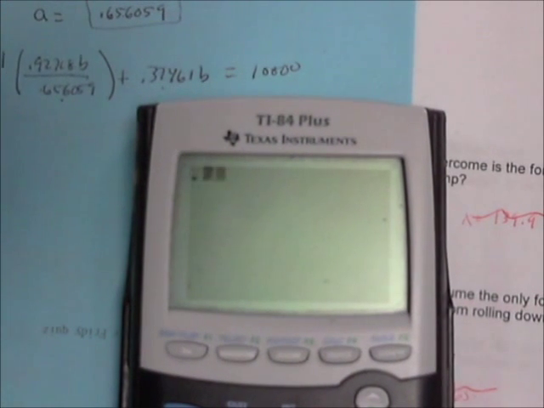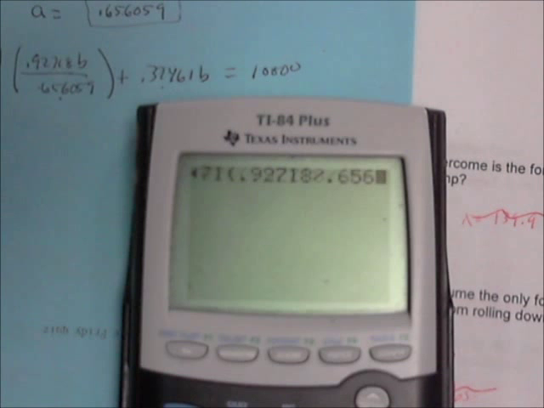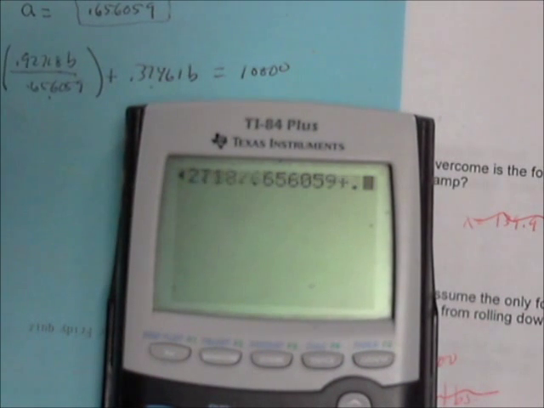So here we go, 0.75471 times 0.92718 divided by 0.656059. Okay, and you add that to 0.37461.